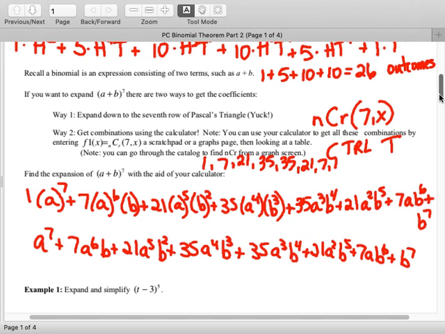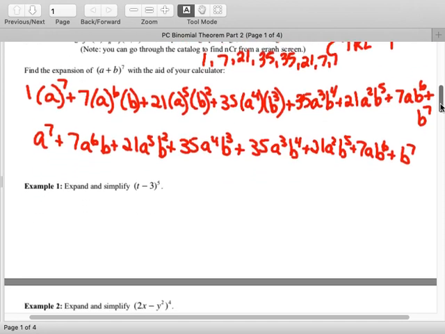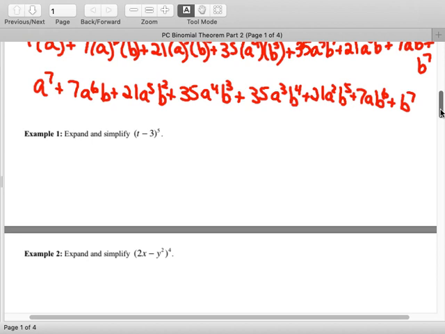Yeah. All right. Okay, so what I want you to do is example 1 and example 2. Try these. I'm going to give you a little bit of a head start on me. If you'd like to use the calculator to get those coefficients quickly, you can do that on these. Be careful with the minus sign.